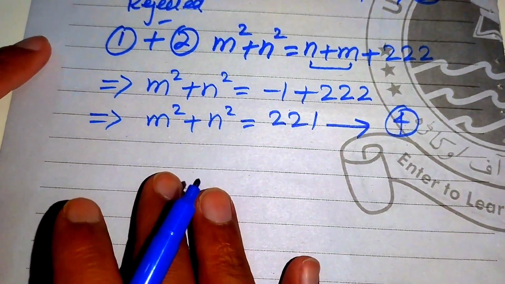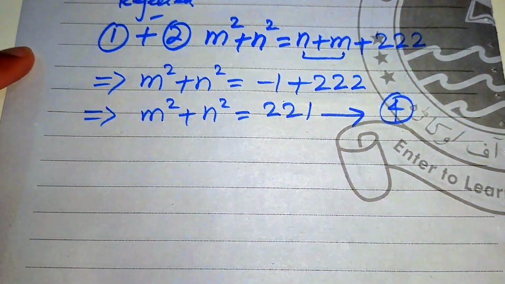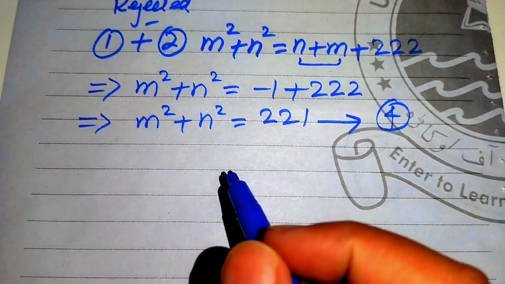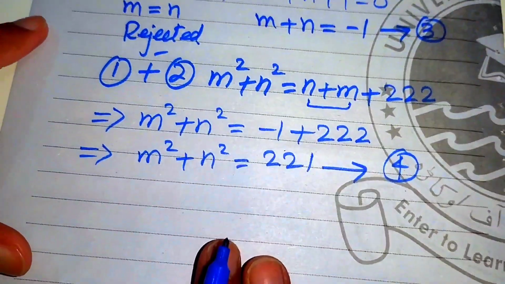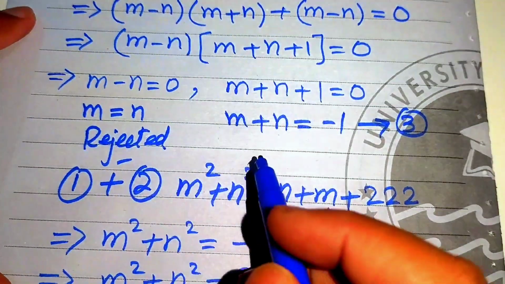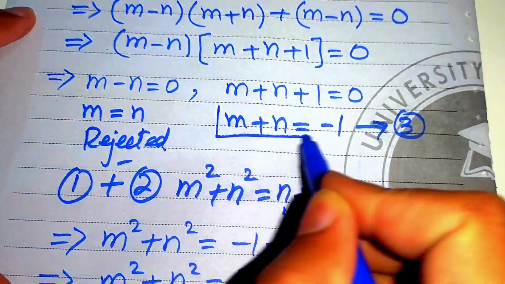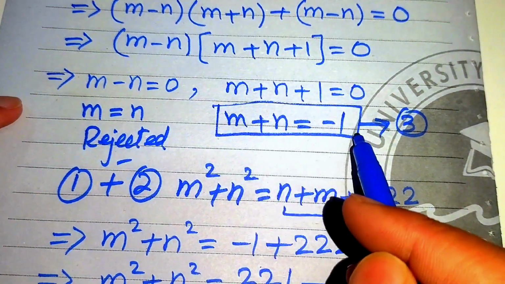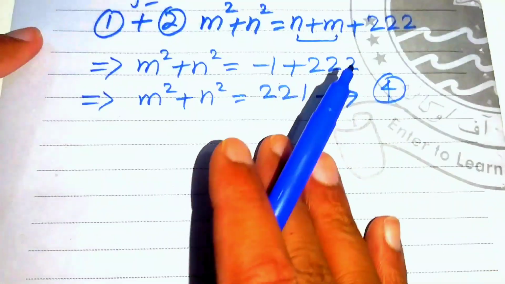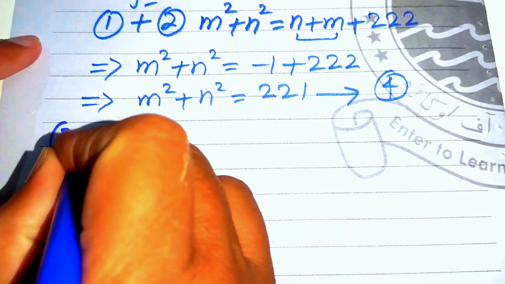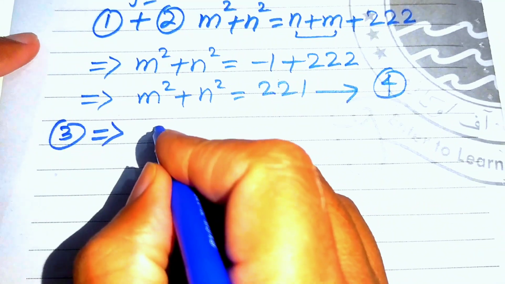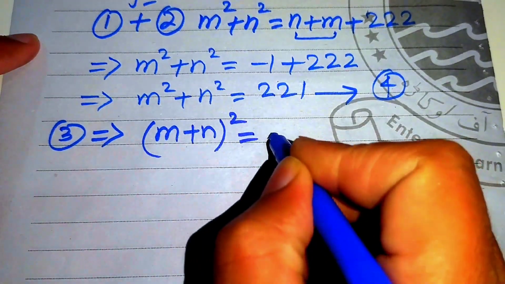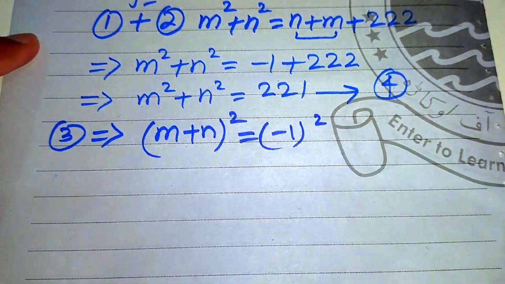In the next step, we need to take the square of equation number 3 on both sides. So in equation number 3 we take the square on both sides, so equation number 3 implies that m plus n whole square equals minus 1 square.